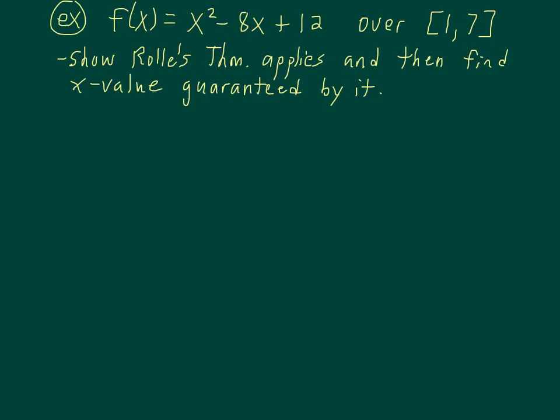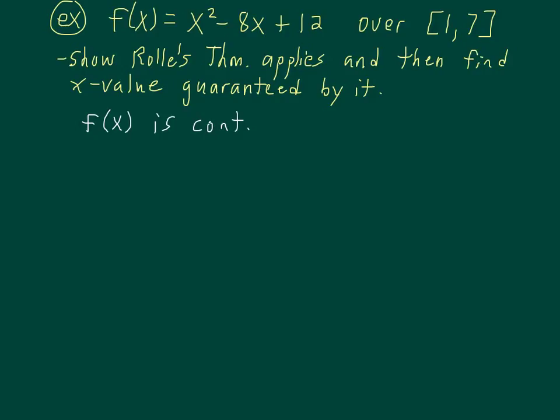Okay, so here's an example of Rolle's theorem in action. Suppose you have this function f of x equals x squared minus 8x plus 12 over the interval from 1 to 7. We want to show that Rolle's theorem applies, and then we want to find the x value guaranteed by it. Well, to show that it applies, first of all, we know that f of x is continuous because x squared minus 8x plus 12, that's a nice parabola.